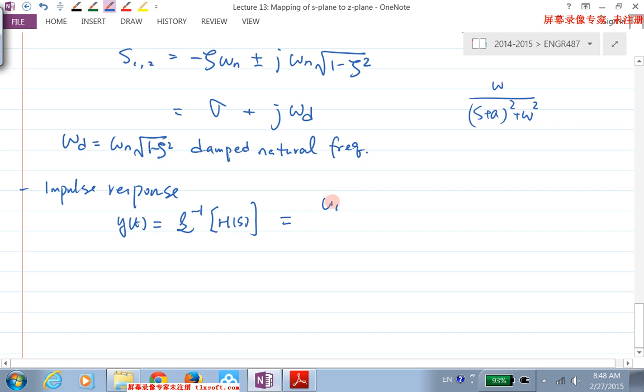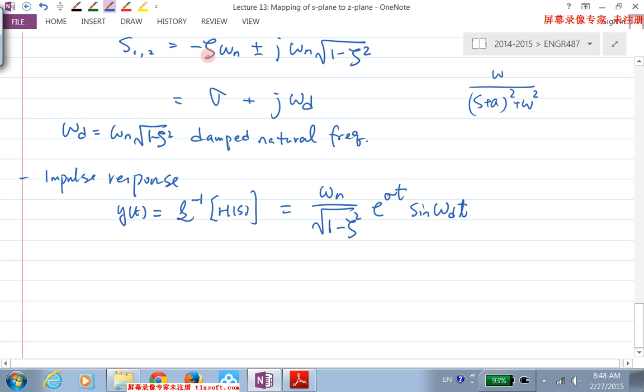The inverse Laplace you get is omega n over the square root of 1 minus zeta squared, times e to the power of sigma t, times sine omega d t. That's the impulse response. Sigma is negative zeta omega n, so sigma is a negative number, which means this is an exponential decay function.